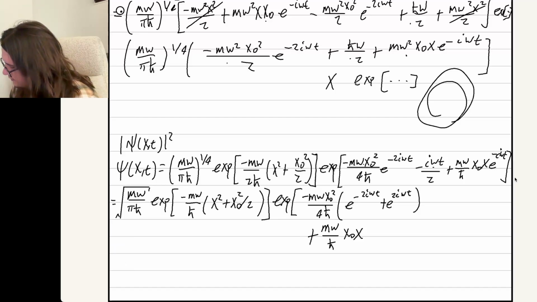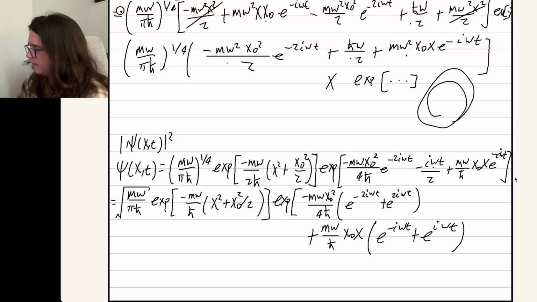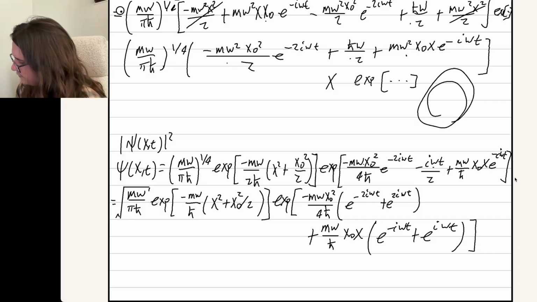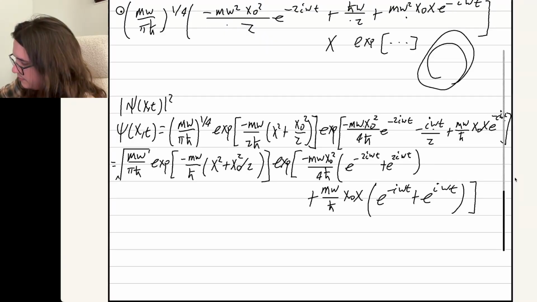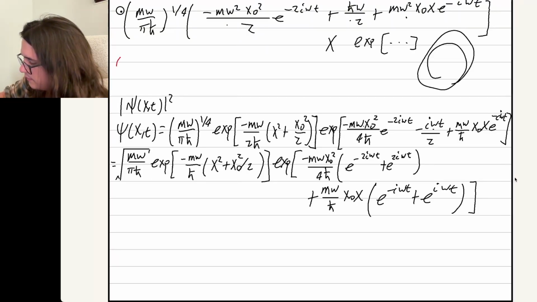But it is just e to the minus i omega t plus e to the i omega t. So those look like cosine functions to me. I'll remind you the definition of the cosine function. It's cosine of z equals e to the iz plus e to the minus iz over 2.